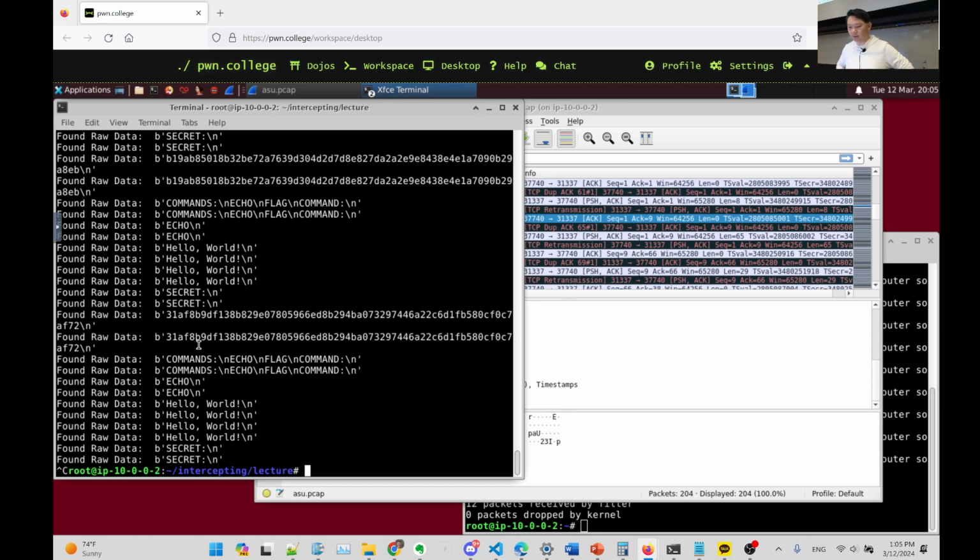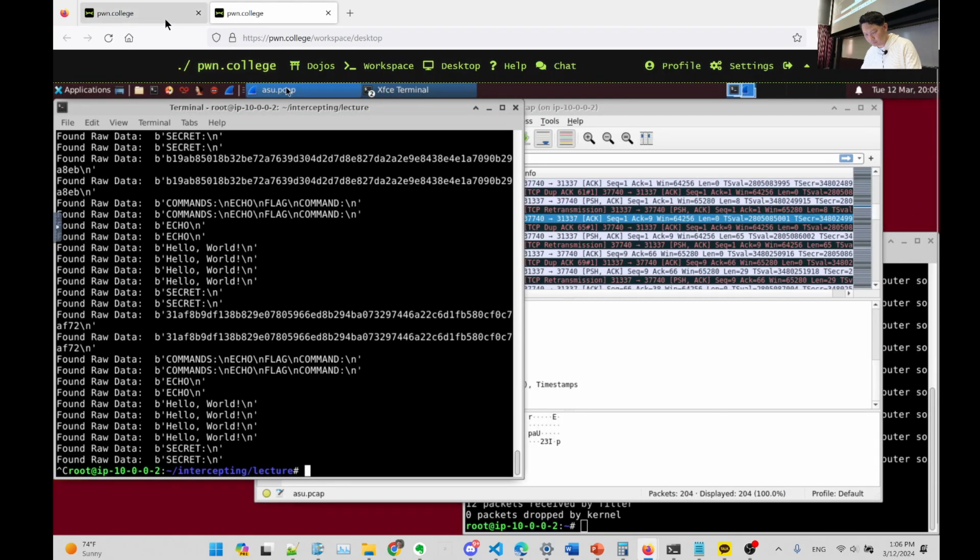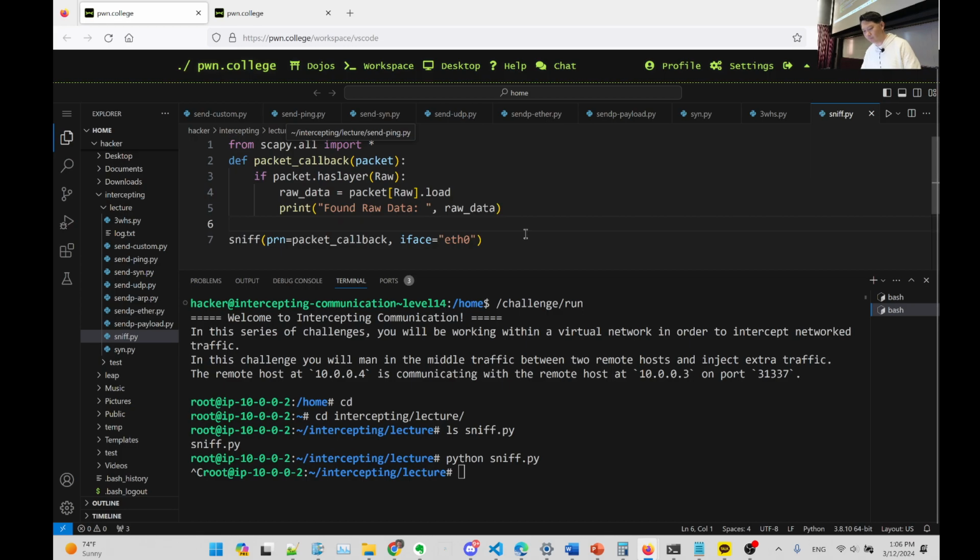If you can guess what commands or data are needed for intercepting this traffic, and at the same time you have some skills to predict the sequence number and acknowledge number to intercept a packet, you can use this script for level 10, level 14.